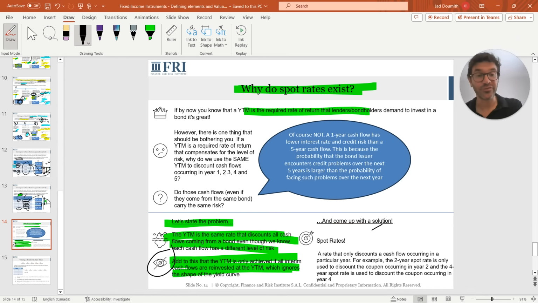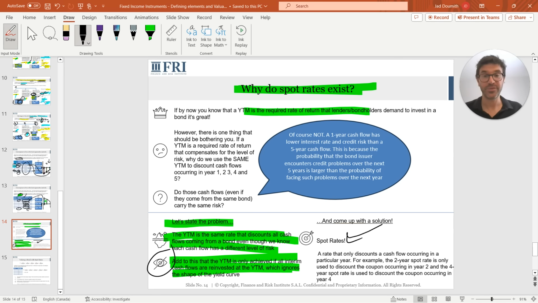Solution: spot rates. In future videos together, we will learn how to calculate spot rates ourselves without relying on anyone giving them to us. We can bootstrap them from the current prices of bonds. But now you need to intuitively understand that spot rates are special rates. Spot rates are rates that are only accurate to discount a cash flow that occurs in one specific maturity.